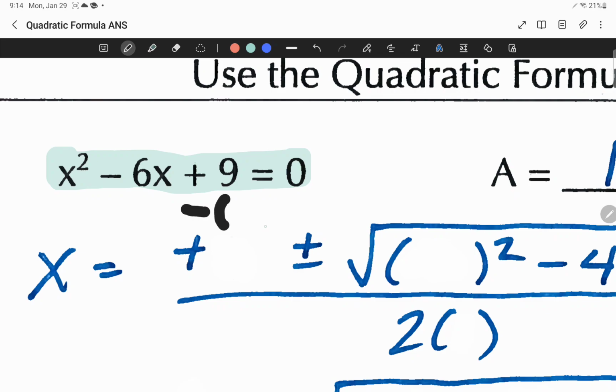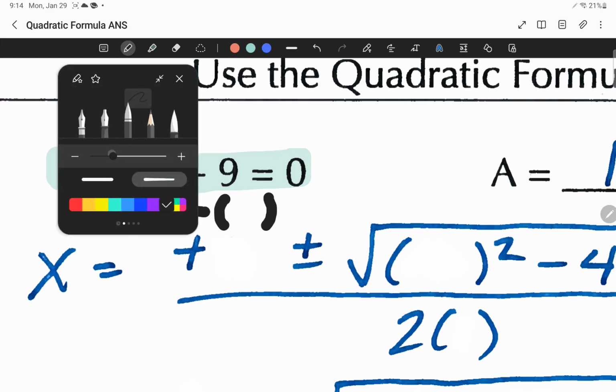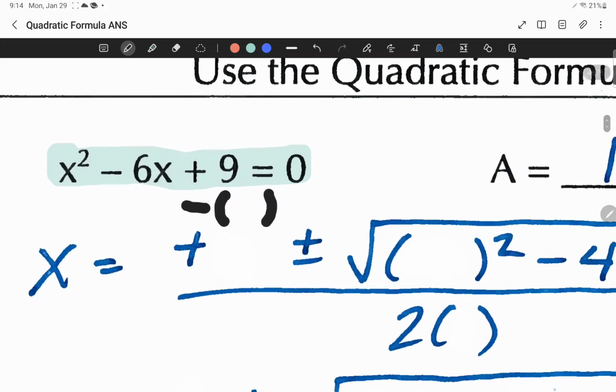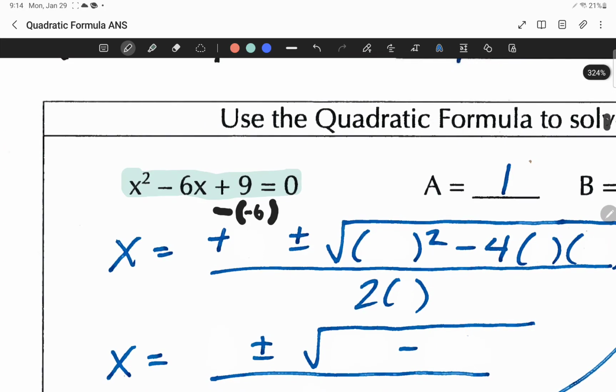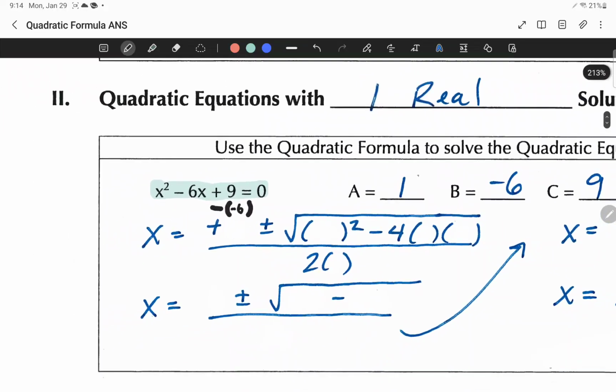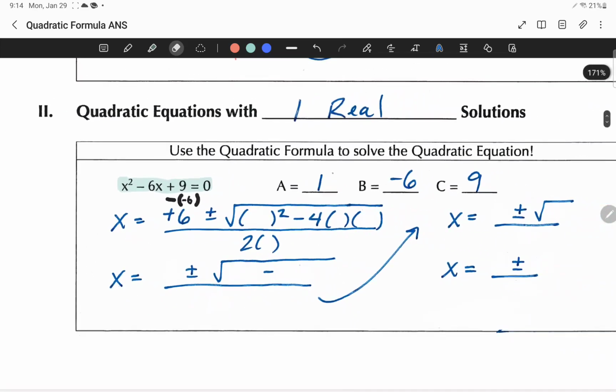And then we have parentheses, and we have a negative 6. Now, the double negative is going to turn it into a plus. That's why you see a plus right there. So, let's go ahead and boom. That gives me a positive 6, right? Easy. Now we're going to go ahead and do the rest, right? So right here, I'm going to put what? Negative 6 again.